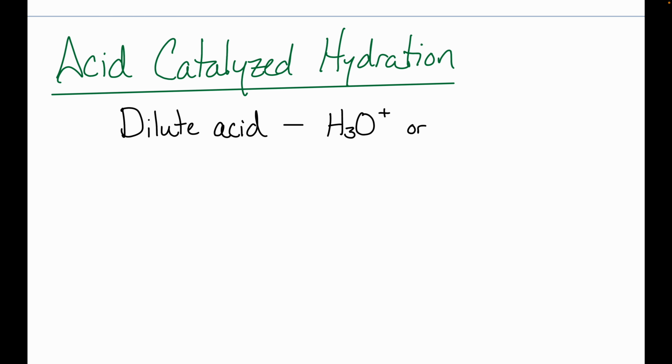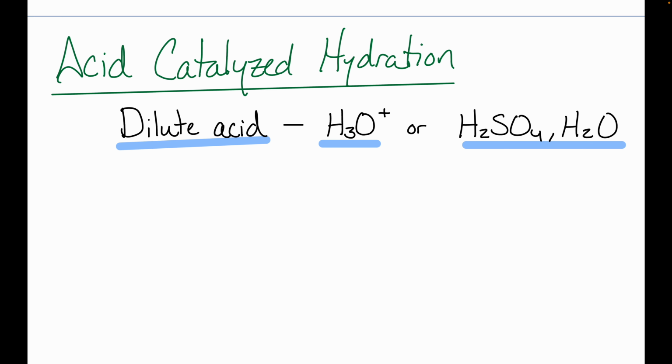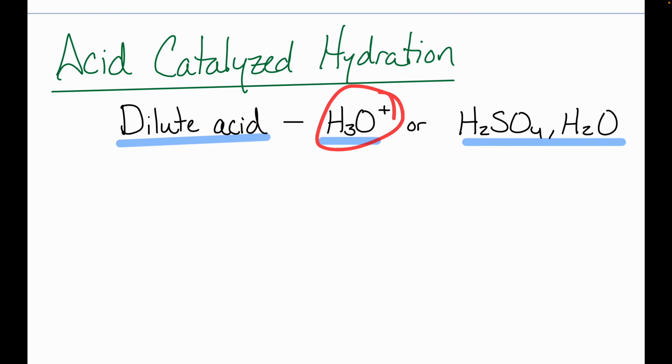Or you'll see it with that specific acid listed, like sulfuric acid and water. Both of these 2 are ways of representing the same thing, are ways of representing a dilute acid. All right, so either one of these will appear in your list of reagents. In your reaction, you look in the textbook, you could see either one of these and they mean the same thing, a dilute acid.